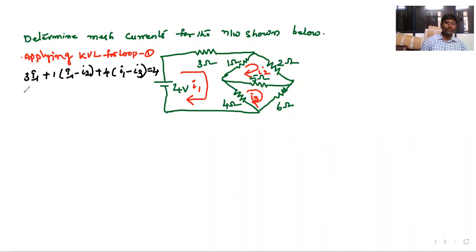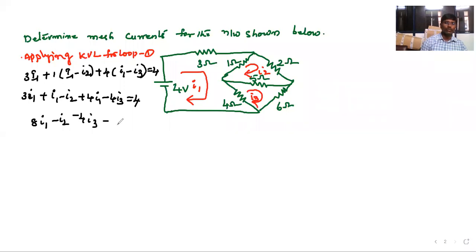So this gives 3 I1 plus I1 minus I2 plus 4 I1 minus 4 I3, which is equal to 4. So this gives 8 I1 minus I2 minus 4 I3 equal to 4. This is equation 1.